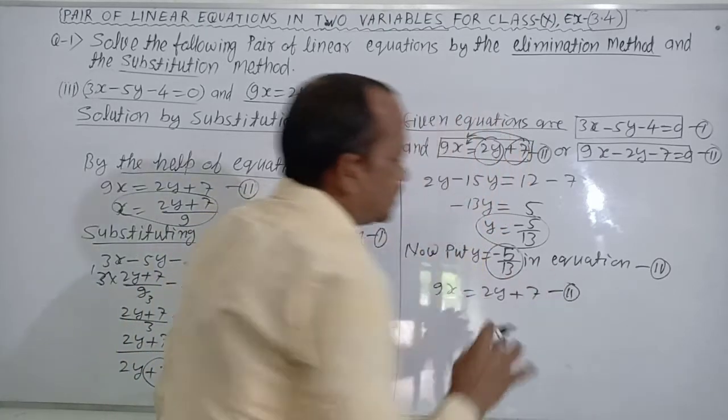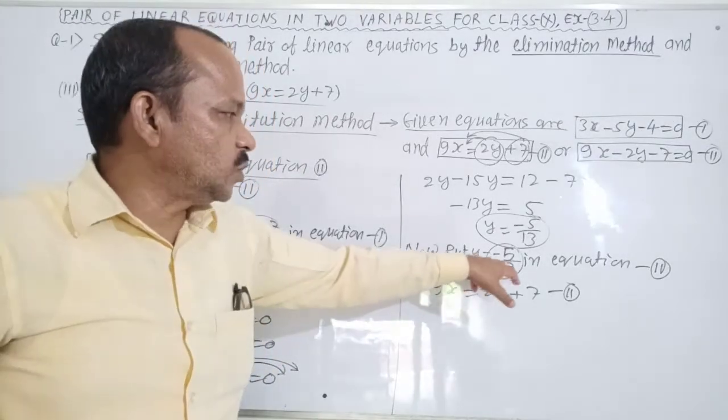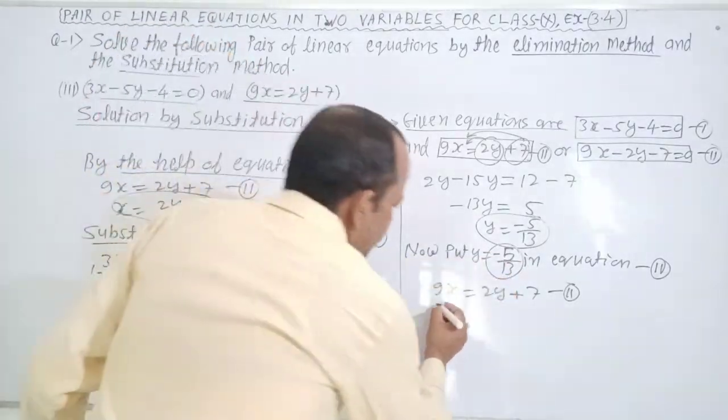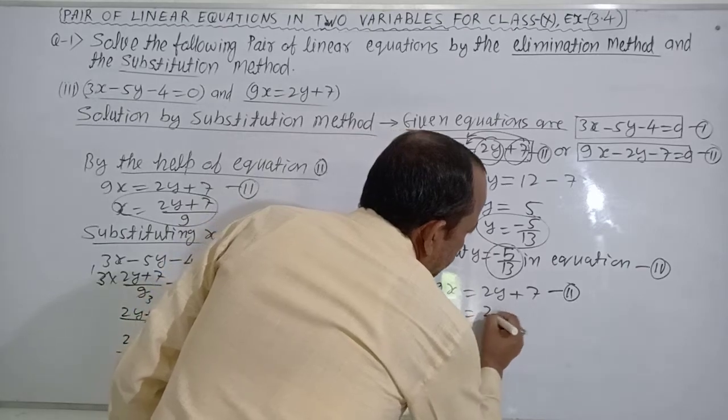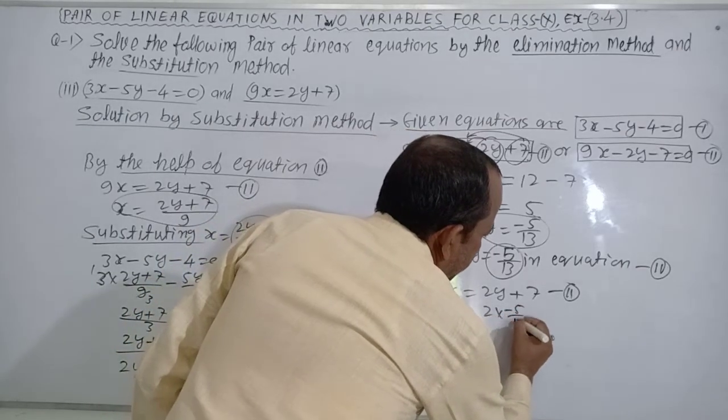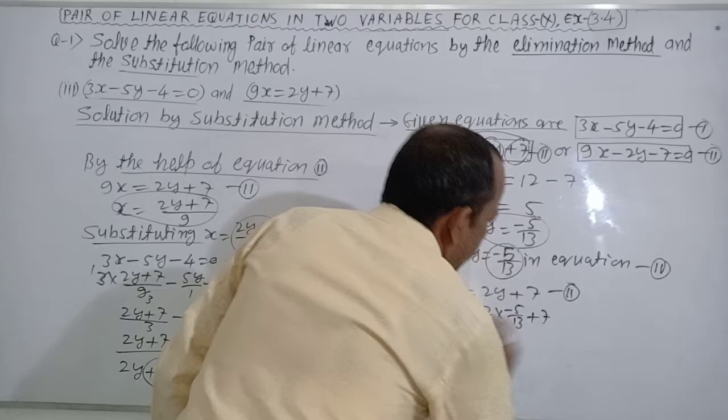Here 9x equal to 2 multiplied by minus 5 by 13 plus 7.